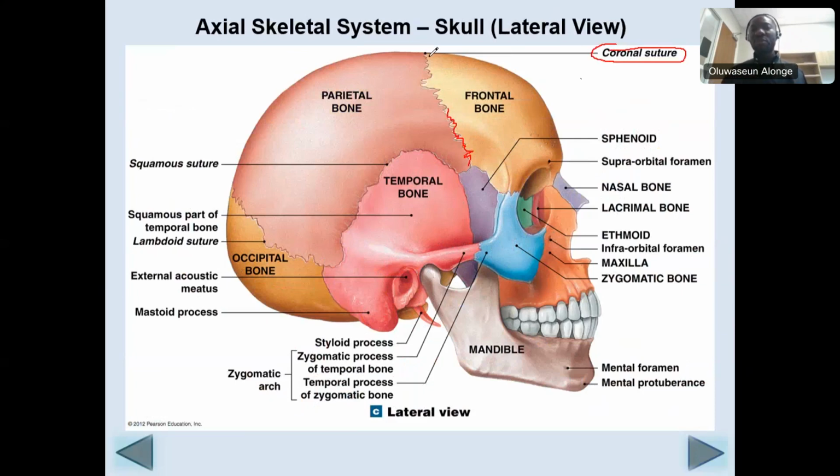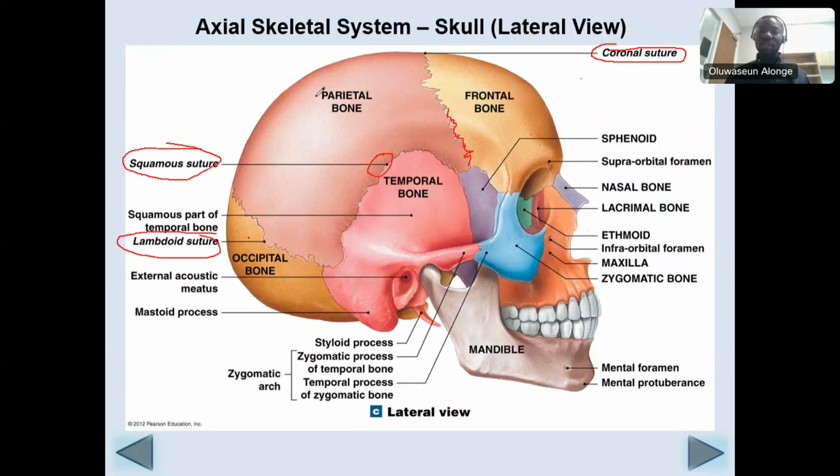So the bones are sutured, and you can see that it's like weaving here. So the frontal bone is weaved to the parietal bone at the coronal suture. The parietal bones are weaved with the temporal bone. Don't forget there are two of each of these, right? There are two parietal, there are two temporal. This connection where they are weaved together, we call it the squamous suture. Now, the parietal bones are also weaved with the occipital, and we call that the lambdoid suture.